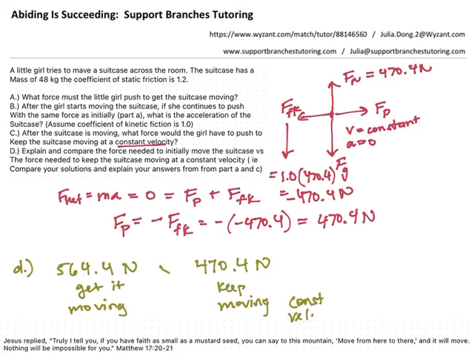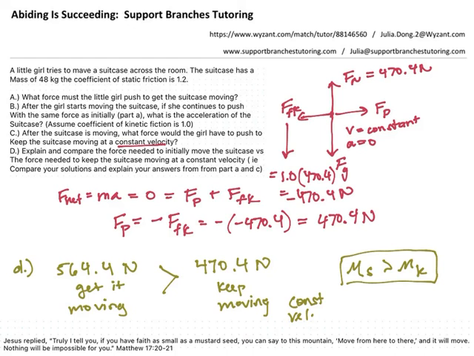Okay, so we notice that our force needed to get it moving is larger than our force to keep it moving. The reason is because the coefficient of static friction is larger than the coefficient of kinetic friction, and that is always true. If you've ever tried to move a box, you have to push harder to get the box moving than once it's already moving, right?